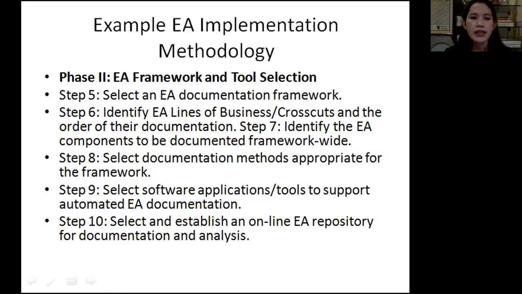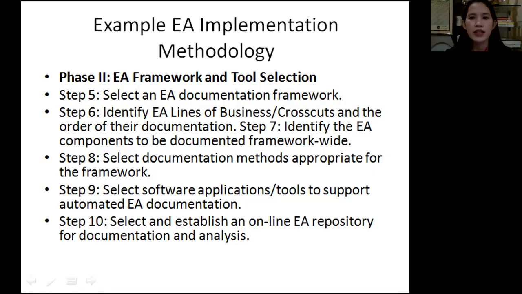Step 8, select documentation methods appropriate for the framework. Step 9, select software applications, tools to support automated EA documentation. Step 10, select and establish an online EA repository for documentation and analysis.